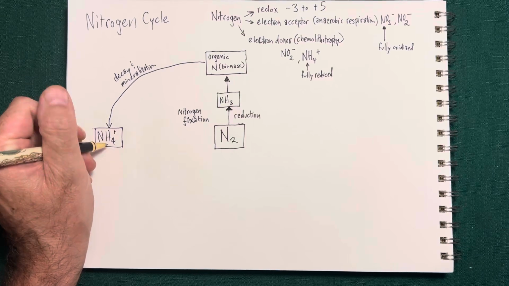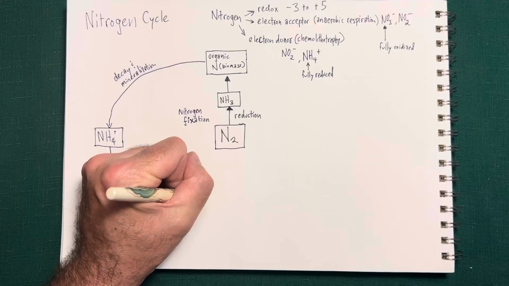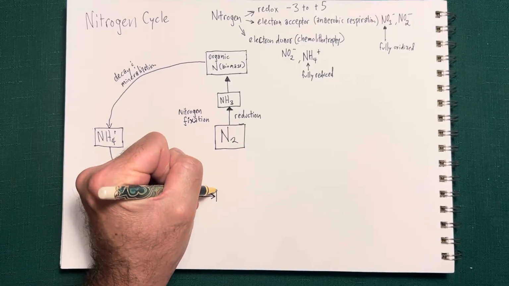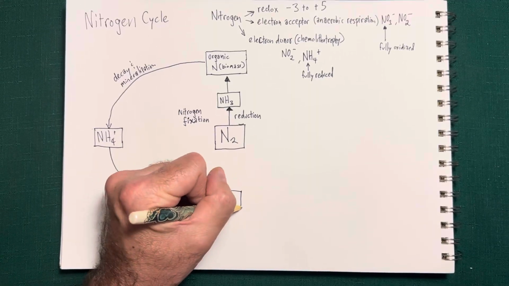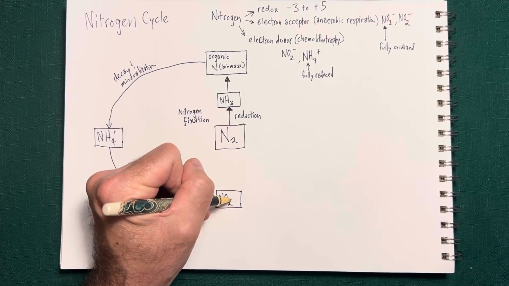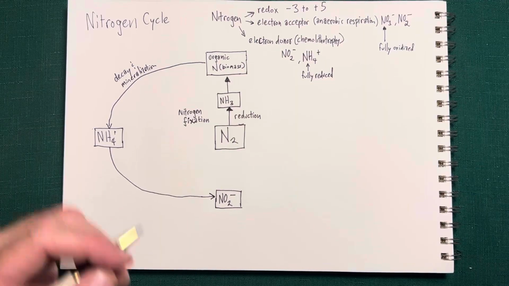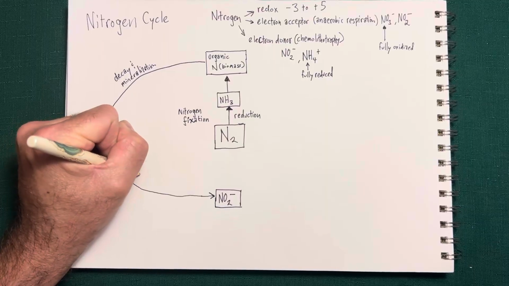And there are a couple of ways that we can do that. One is converting ammonium into nitrite, NO2 minus. And this is an oxidation process.